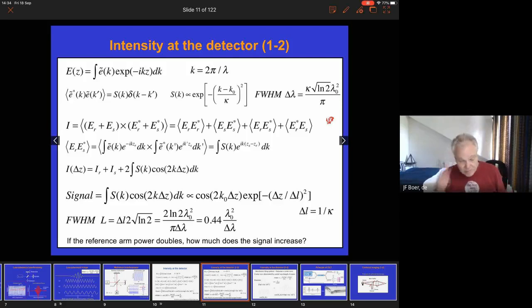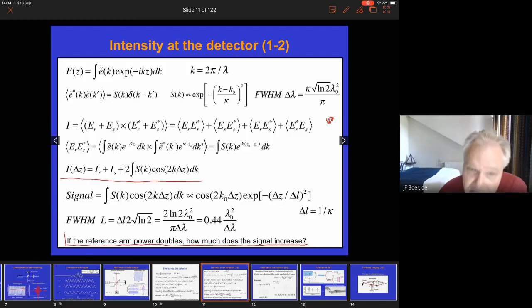All right. Okay, so I showed you the nice animation. So I have a question for you guys. And the question is right here. So in other words, if I look at my interference here, that's the signal my photo detector measures. And I would increase the reference arm power here by a factor of 2.